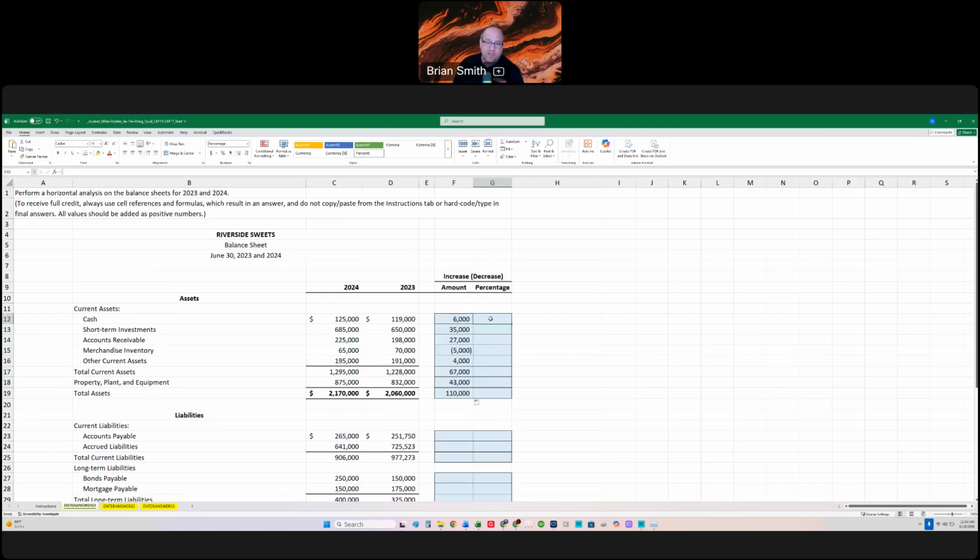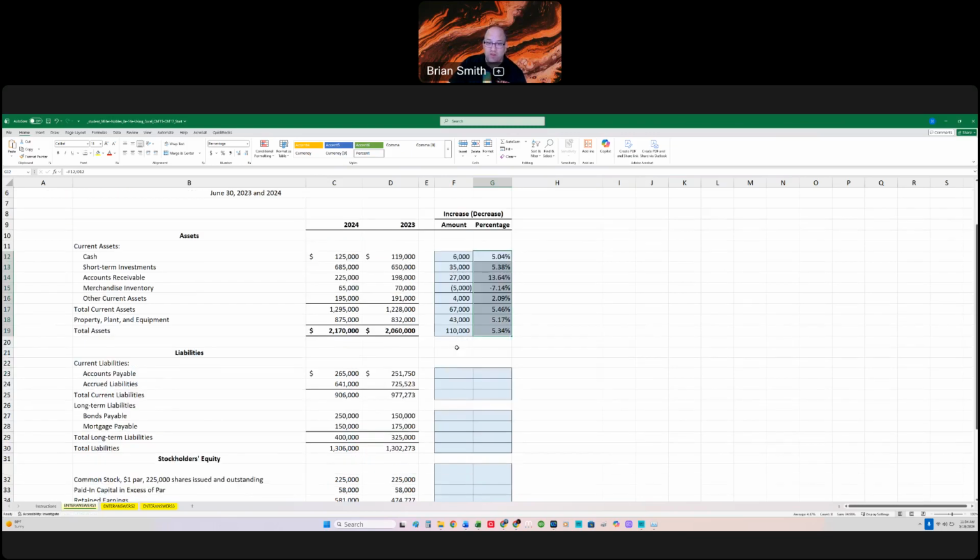Now I'm going to take the percentage by hitting equals in cell G12. I'm selecting cell F12 and dividing it by D12, hitting enter. So our cash increased by 5% from 2023 to 2024. And I'm dragging that down. We're doing literally the exact same thing in every section. I'm highlighting cell F19 through G19.